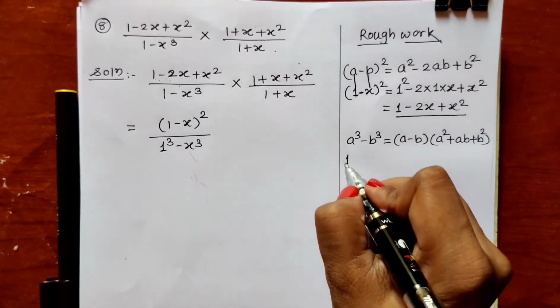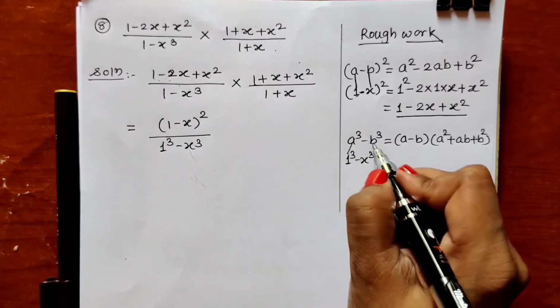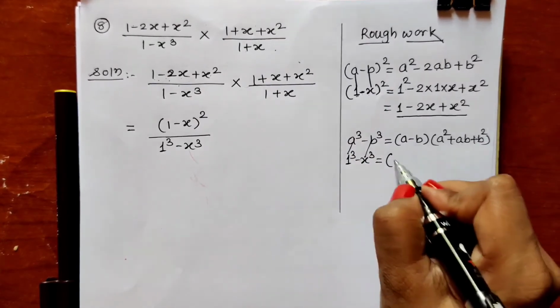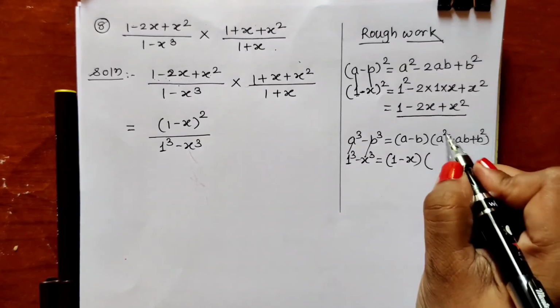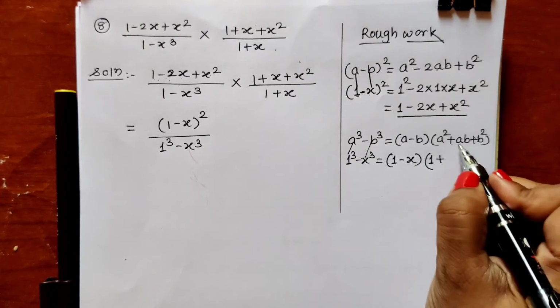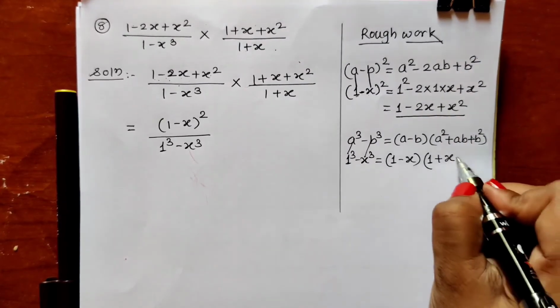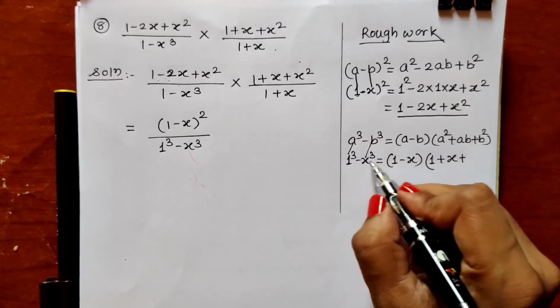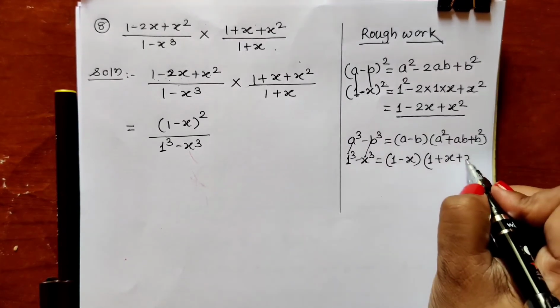So for 1 cube minus x cube, when we apply the formula, our a is 1, b is x. So in place of a we write 1 minus x. In the bracket, a square means 1 square is 1, plus a into b, 1 into x is x only, plus b square, that means x square.